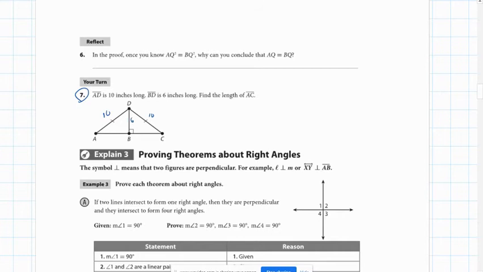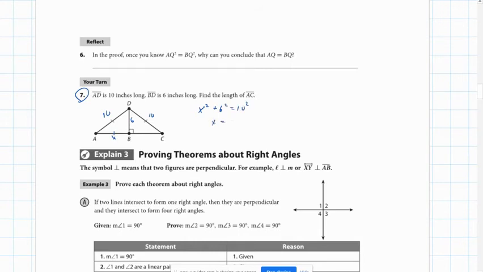And so now if we use the Pythagorean theorem, we can find the length of AC, or we can find the length of AB and BC. So if I call this length x, then by the Pythagorean theorem, x squared plus 6 squared equals 10 squared.